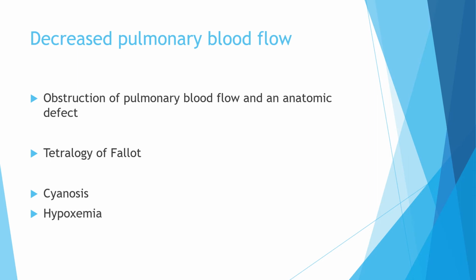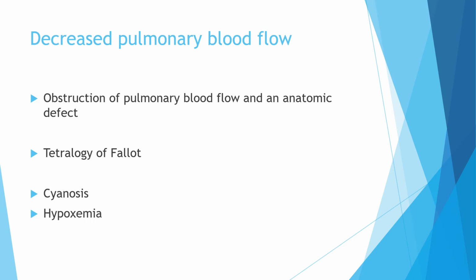For children who wind up not having very severe symptoms, they wind up having these TET spells, T-E-T spells, where because they are cyanotic or they have some degree of cyanosis and hypoxemia, anything that's stressful, they'll wind up passing out basically.